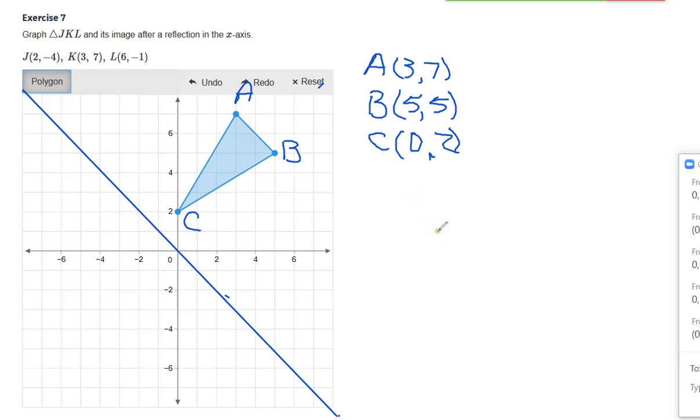Now, I'm going to plot the reflection of it, and we're going to look at the points, and then we're going to look at if there's a simple rule to come up with. So hold on a second. Let me check this out. Okay, I'm making a new polygon, and then it's going to be here.